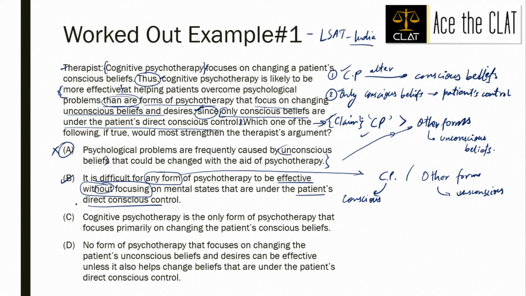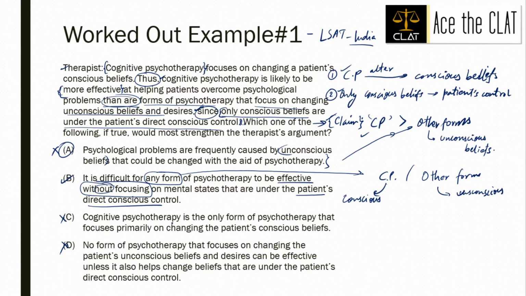So although we have our clear winner over here, let us try to understand why option C and D are wrong. Option C says cognitive psychotherapy is the only form of psychotherapy that focuses primarily on changing the patient's conscious beliefs. Well, that is true, but think about it, does it strengthen the argument?